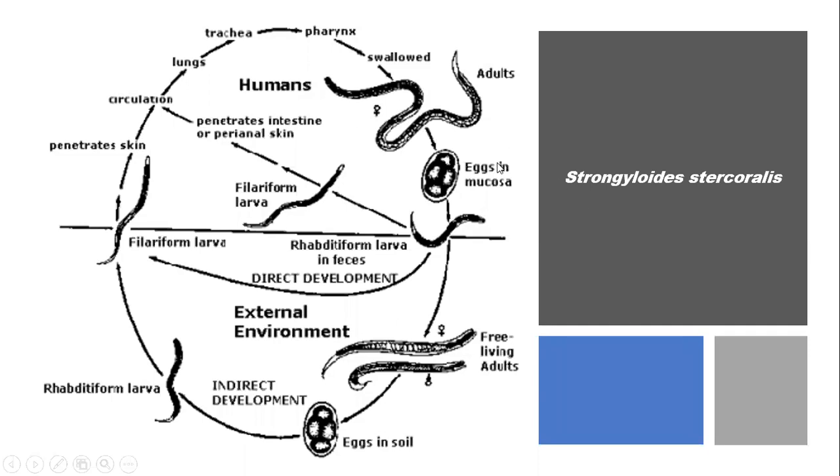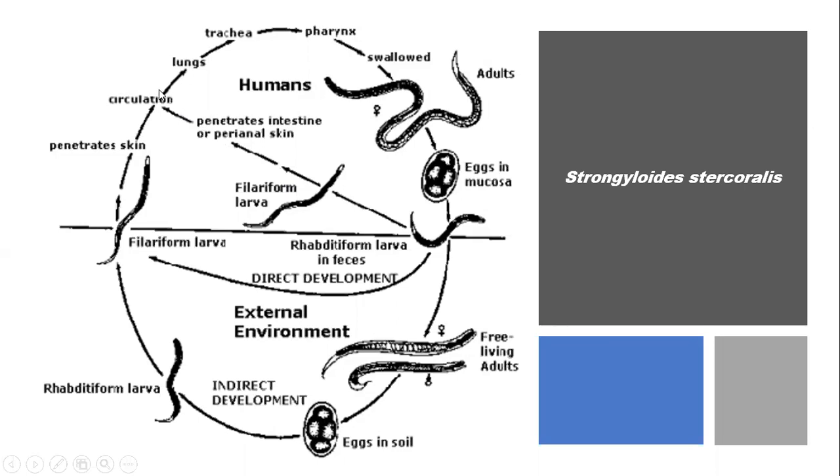So when the female produces eggs in the mucosa, remember we said that the eggs will embryonate, and then before you know it, the juvenile worm will emerge. The juvenile worm will develop to the filariform, which is the infective form. And this can, depending on where the development took place, either penetrate the intestinal wall or perianal skin.